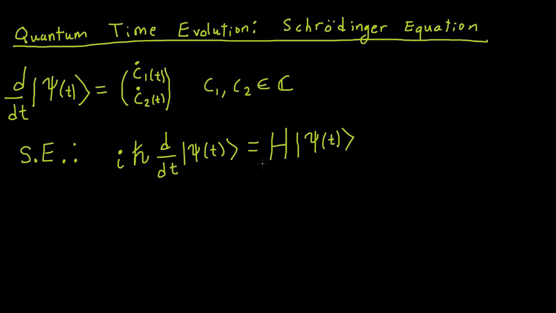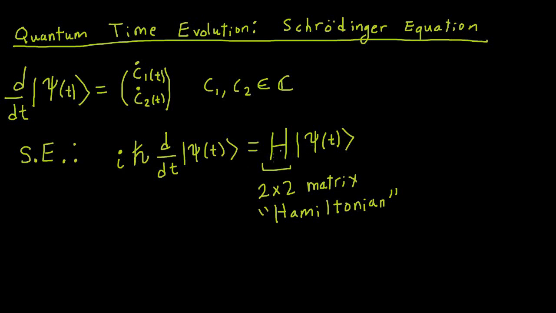So here H is a 2 by 2 matrix, which is called the Hamiltonian, named after some guy named Hamilton. Once I tell you what this 2 by 2 matrix H is, I will have finished telling you what the Schrödinger equation is.